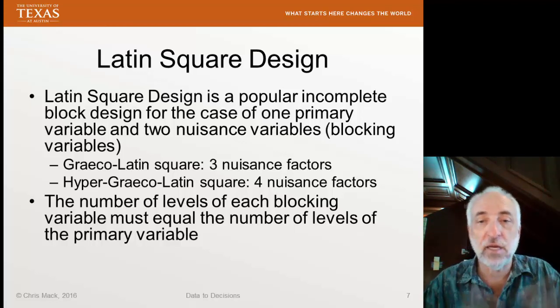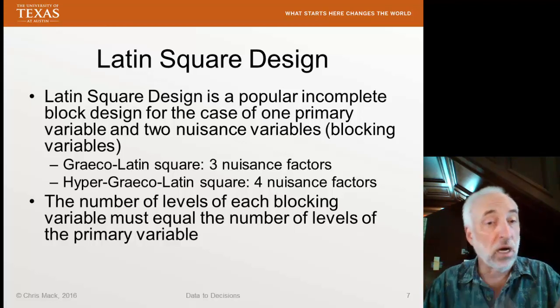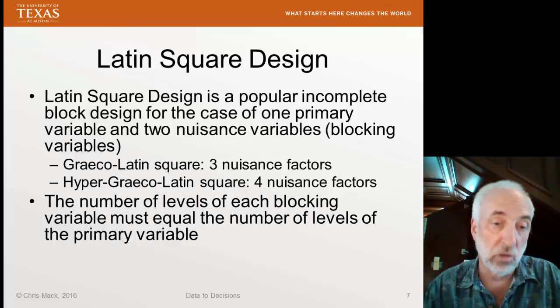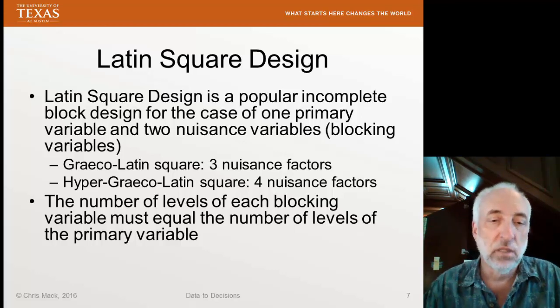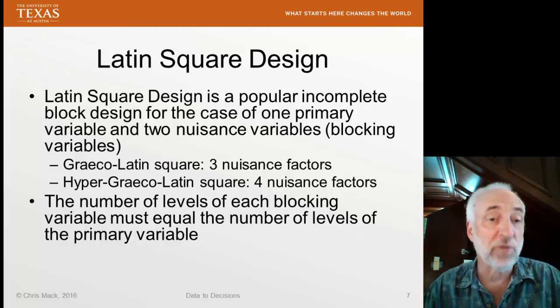So if I'm varying my predictor variable in my model and I give it 8 levels, then I have to have 8 levels for each blocking variable in order to use the Latin square design. So obviously, this will not be an appropriate design for every experiment, but for some it will.